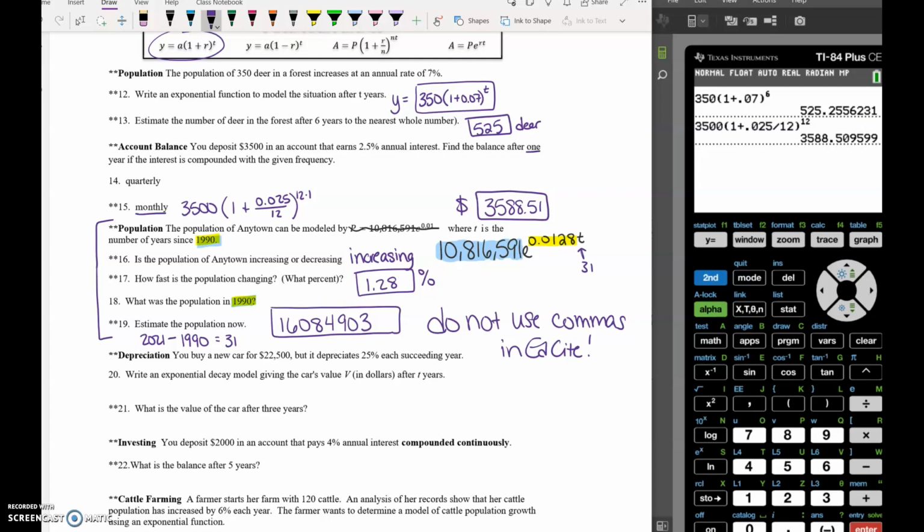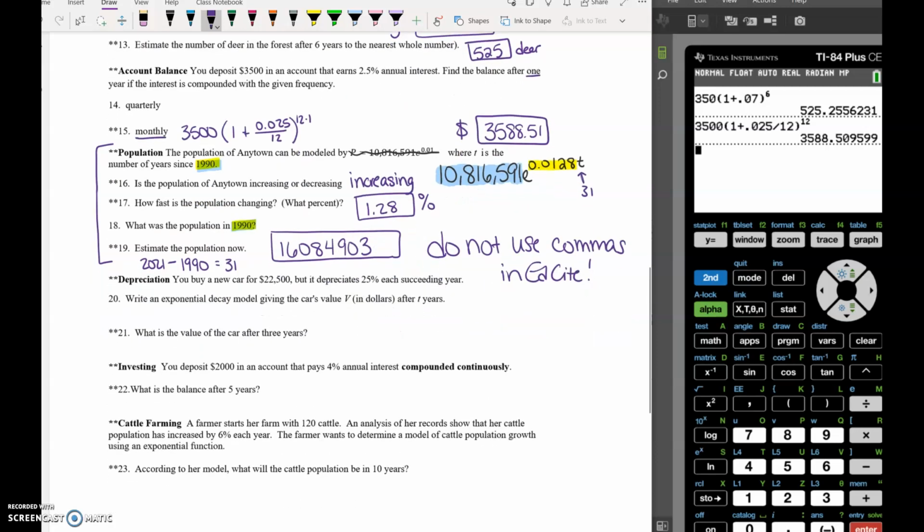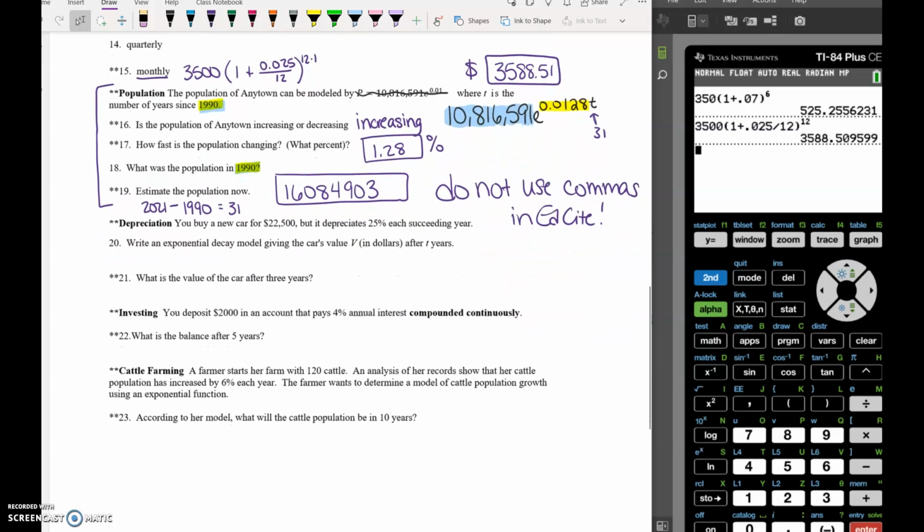Okay, you buy a new car for $22,500. It depreciates 25% each succeeding year. Number 20 isn't actually on there, but you do have to write the model in order to find the value of the car after 3 years. So we're starting with 22,500. The decay model is 1 minus the rate raised to the t.